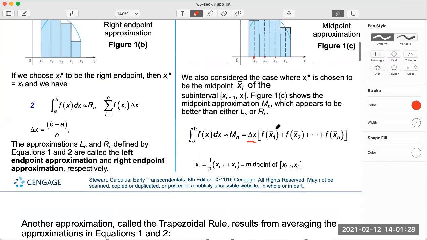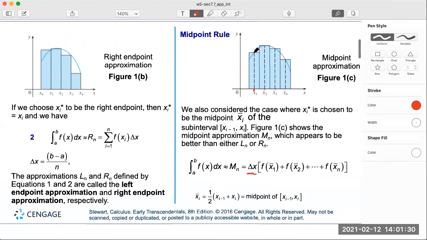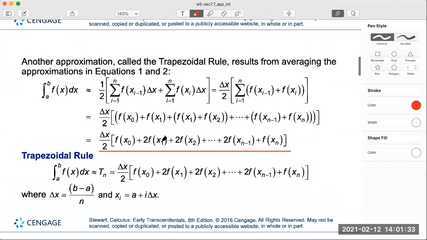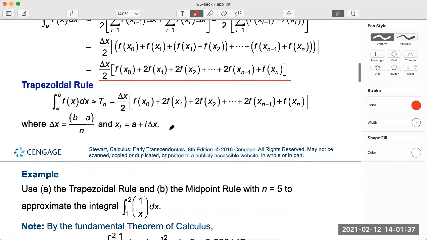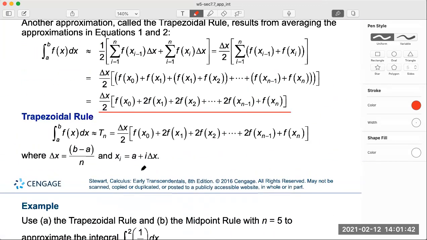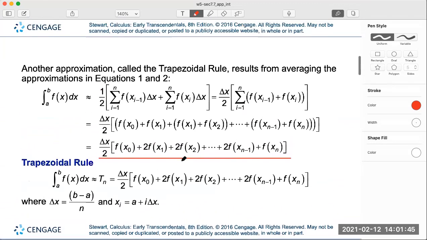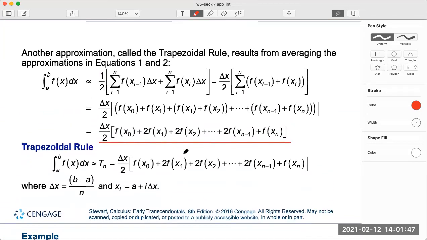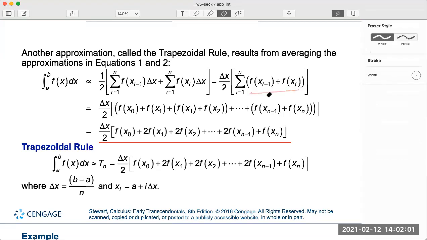In the trapezoidal rule, we take the average of the previous point and the next, the left and right points, which is this guy. Average of them.